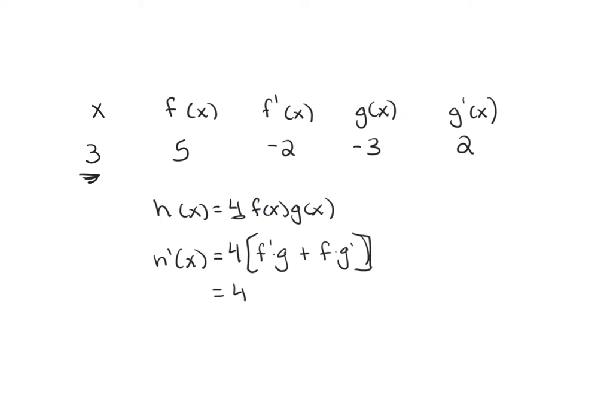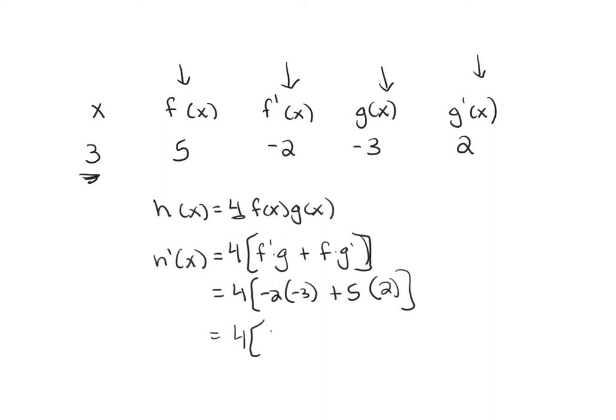All right, so I've got 4, and then in brackets, derivative of f is negative 2, times g is negative 3, plus f is 5, times the derivative of g is 2. So I've got 6 plus 10. 6 plus 10 is 16, times 4 is 64.